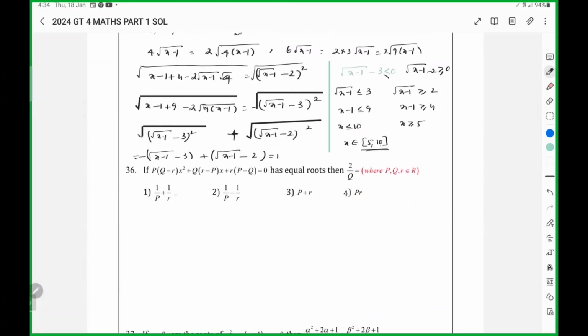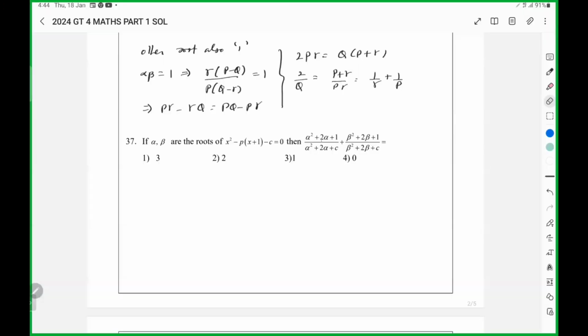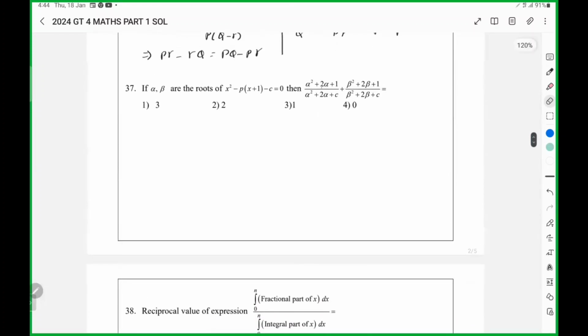Here he said equal roots. Alpha, beta are the solutions. Alpha plus beta is P. Alpha beta is minus P minus C. Minus P, that is minus alpha minus beta.